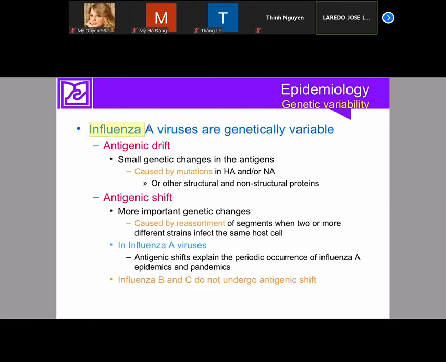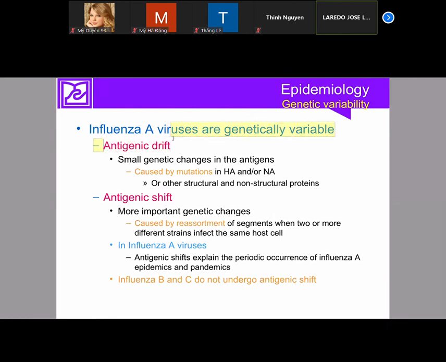What's the problem with influenza A? That they can change their genetic information many times. The genetic information of influenza A viruses can change by 2 different mechanisms: antigenic drifts and antigenic shifts, both. And what's the difference of this?